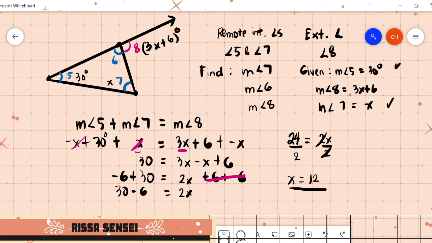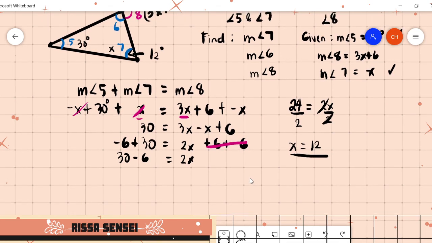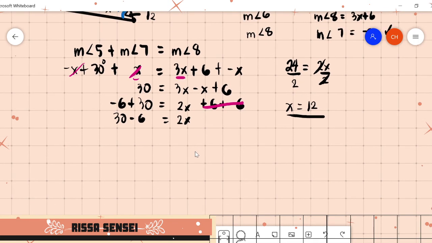Okay? Now, we already got the measure of angle 7, which is 12 degrees. Ngayon, ang kailangan na lang natin ay measure of angle 6 and measure of angle 8. Para makuha yung sukat ng angle 8 is by substitution lang. Measure of angle 8 ay 3x plus 6.